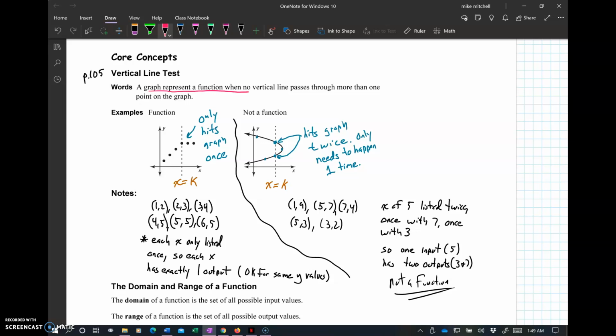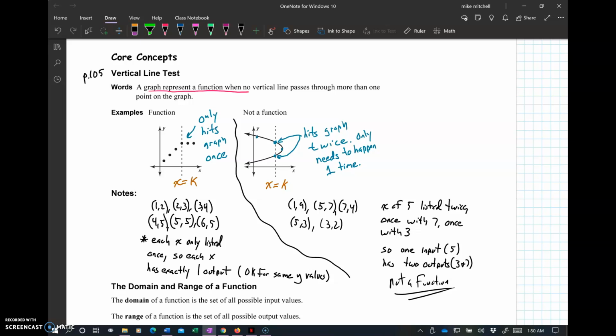So they just show one here, but any vertical line I put on here, none of these hit it twice. So it's not just one, if any one you put in there hits it twice, then it's not a function. So over here you can see this line they dashed in, but I could put another line here. You can see it hits it twice. Okay, not a function. So that's the vertical line test.